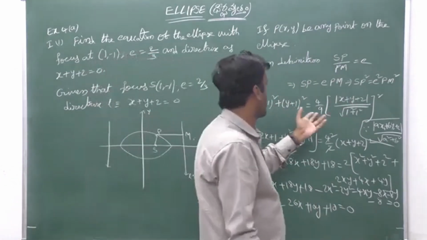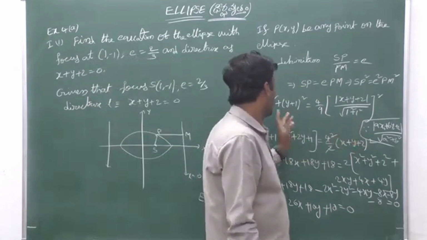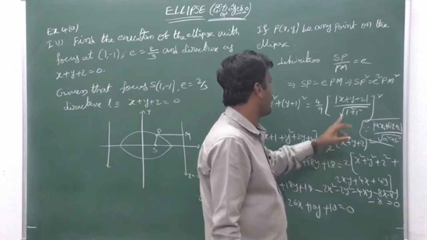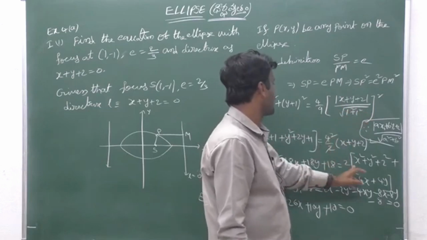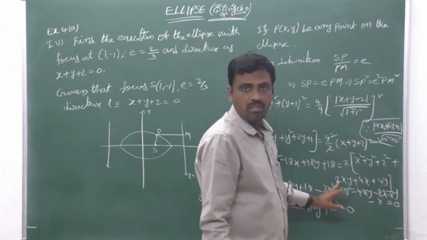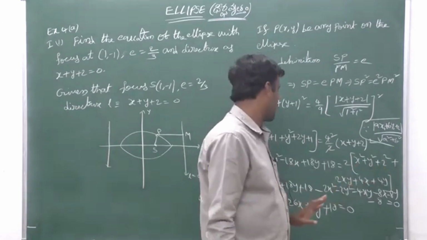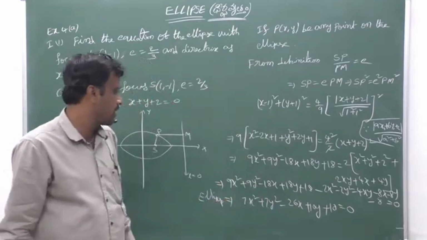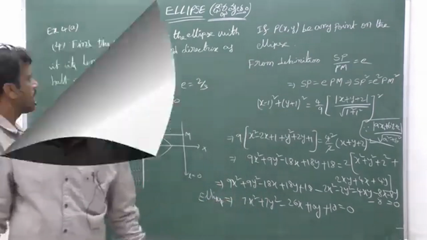Expanding and transferring the left side, the remaining equation is the ellipse equation.